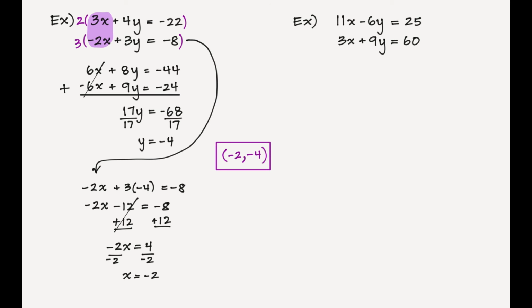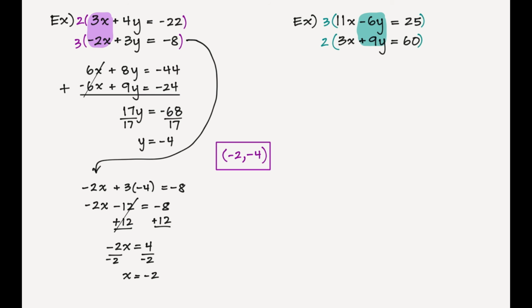All right, so we have one final example. And again, none of my coefficients are easy. I have 11 and 3, or I have negative 6 and positive 9. So that's what I'm going to focus on, is eliminating the y's. I can turn them both into 18. So I'll multiply my top row by 3 and my bottom row by 2.